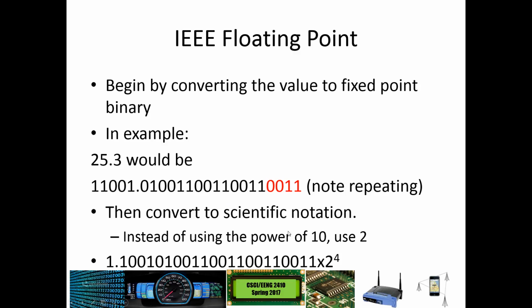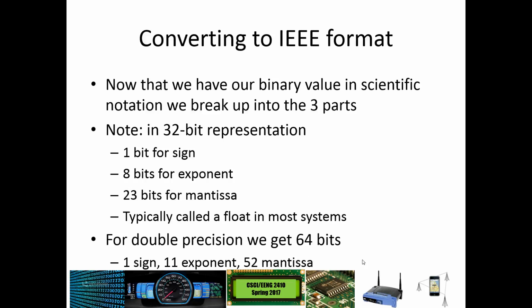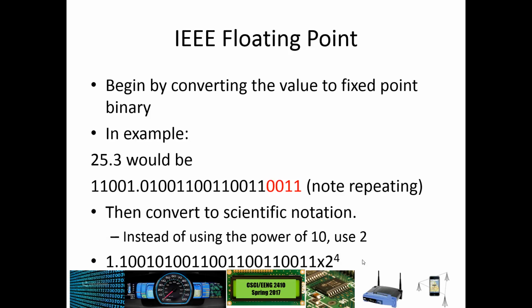And so in this case, once we have it in this form, we now know what the sign bit is, and we can pull out the mantissa and the exponent. So in this case, we have to look for our 1 sign bit, our 8 bits for the exponent, and 23 bits for the mantissa. And so if we go back here, our exponent is going to be this 4 value here, and our mantissa is going to be the binary value that appears after the radix point.